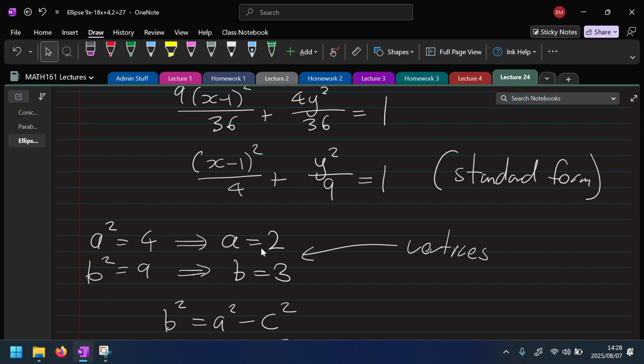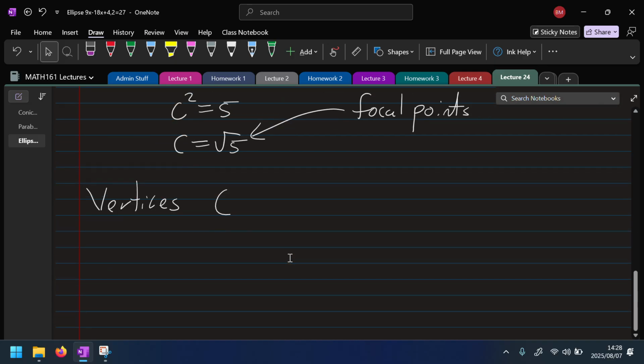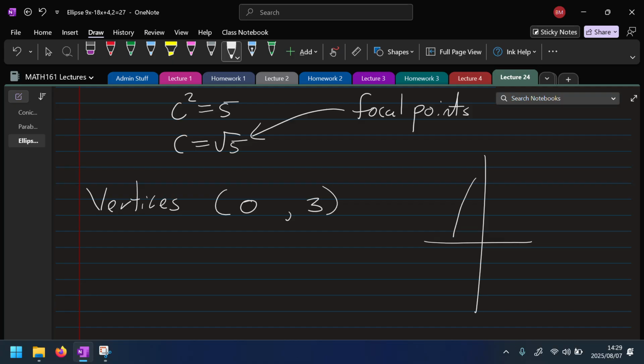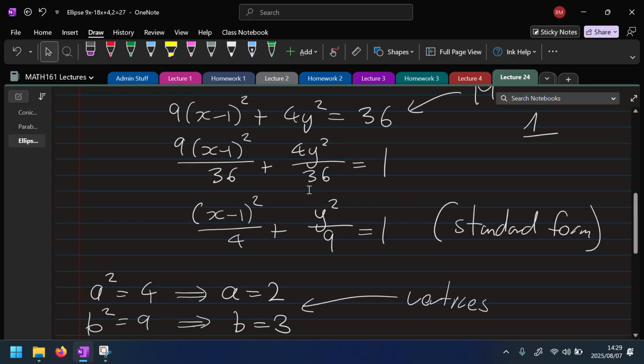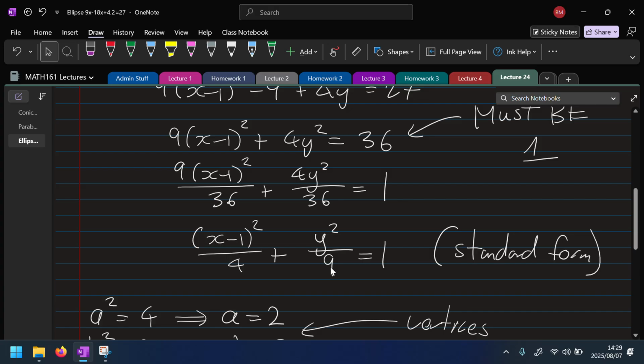So x will be 0 and y will be something, because it's along the y-axis. So this will be 0, 3. We're looking at these points over there and over there. But, yes? Because this is bigger.